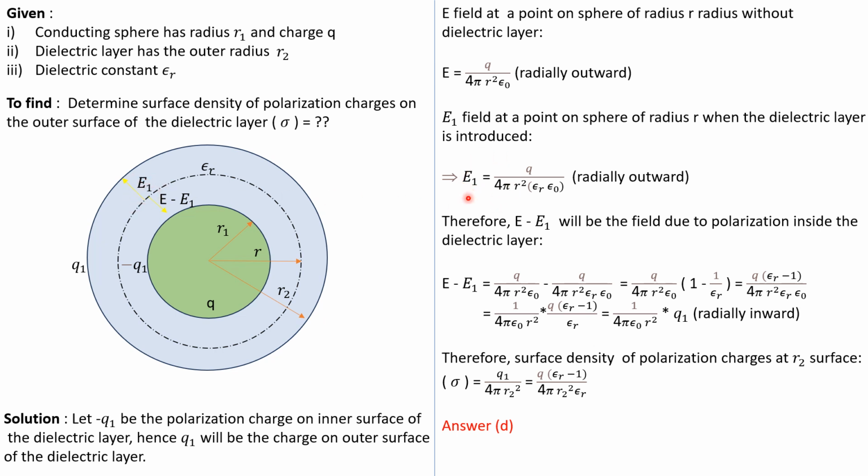We have represented it as E1 equals Q by 4 pi r square, new permittivity constant epsilon r into epsilon naught. Epsilon r is the dielectric constant. So how much is the change in the E field? The change is due to the polarization charges appearing on the inner and outer surface of the dielectric layer.